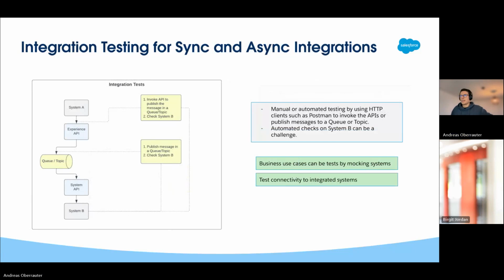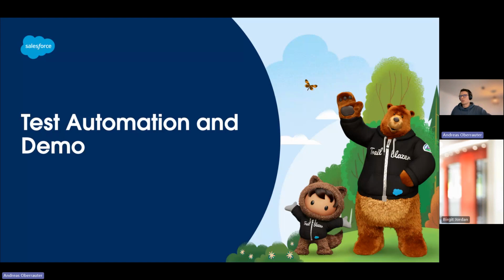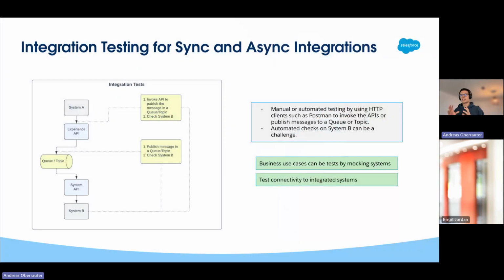Now, if we talk about test automation, in this case, we defined the different patterns, we defined the integration types which we want to do. And the first thing which I always start with is manual testing, right?